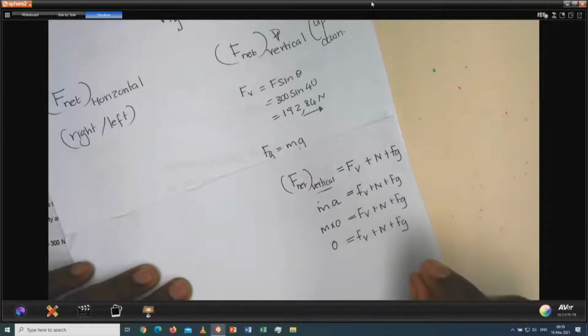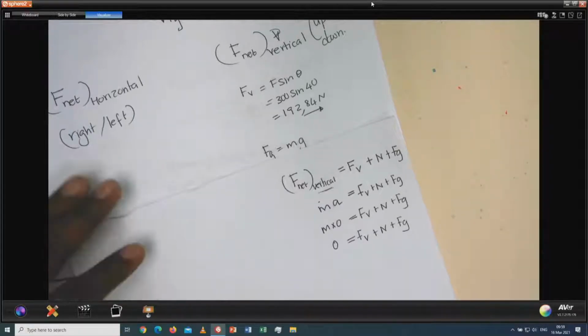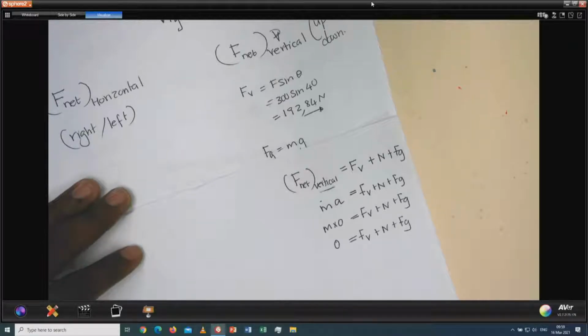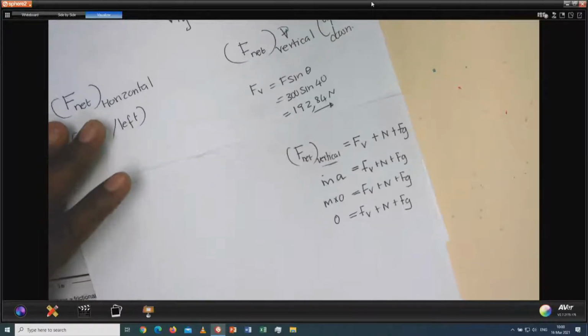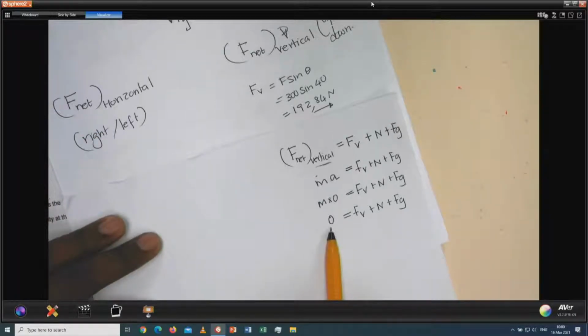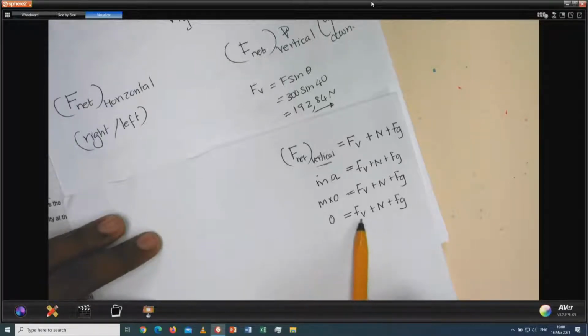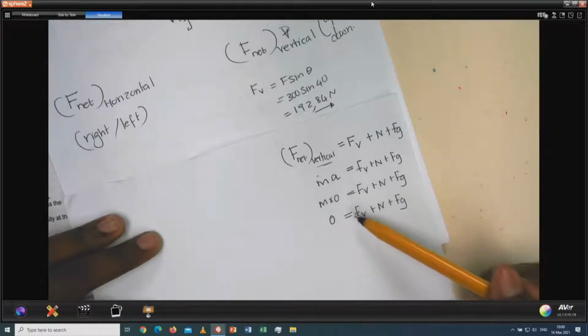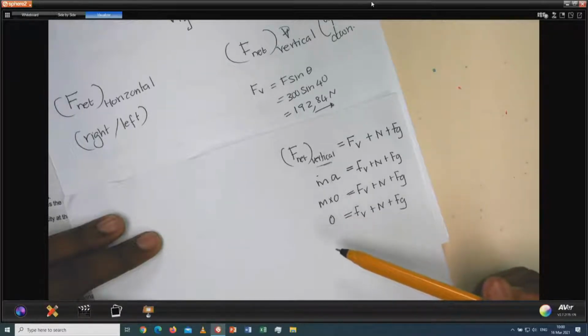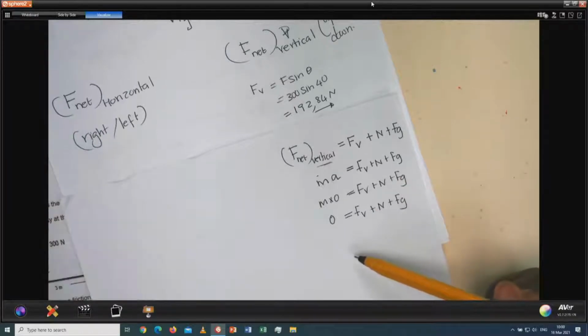F net is 0, but we still have forces acting on the object, and the magnitude of these forces is not 0. It's greater than 0. The only reason F net is equal to 0 is because the vertical acceleration is 0, which means the sum of these forces together gives you 0.